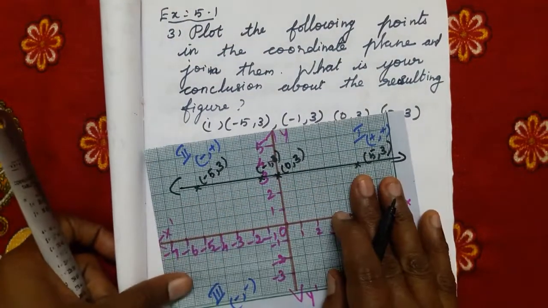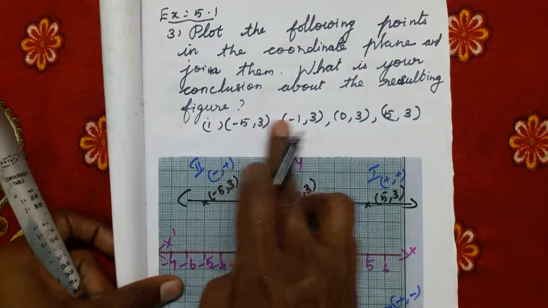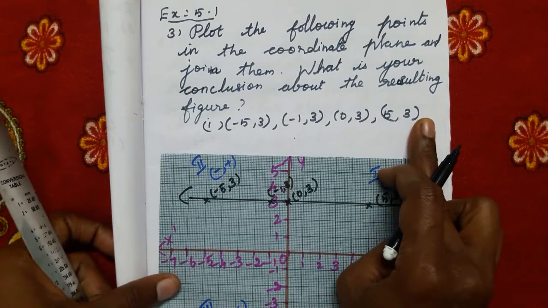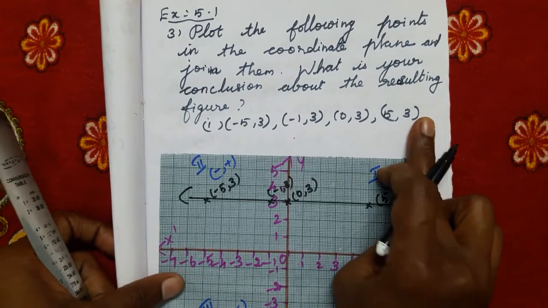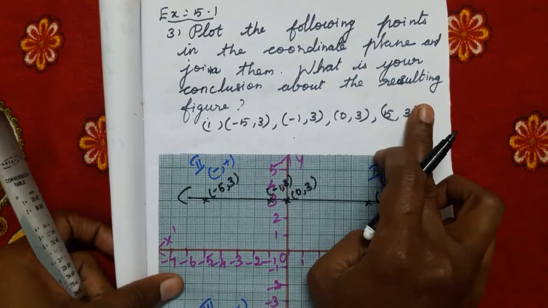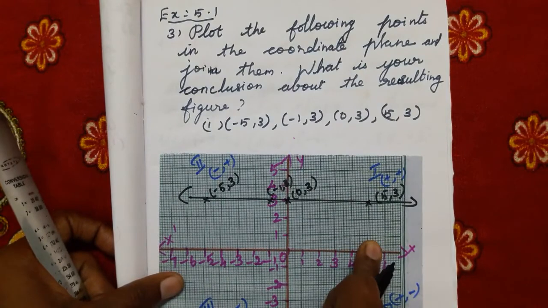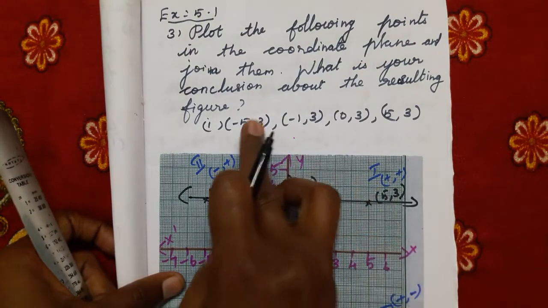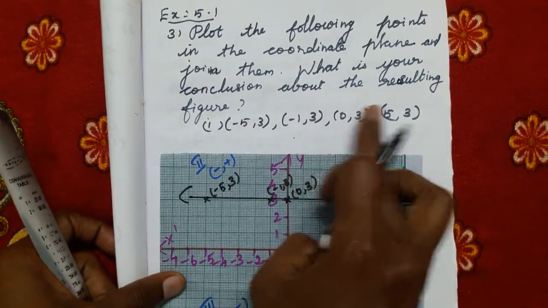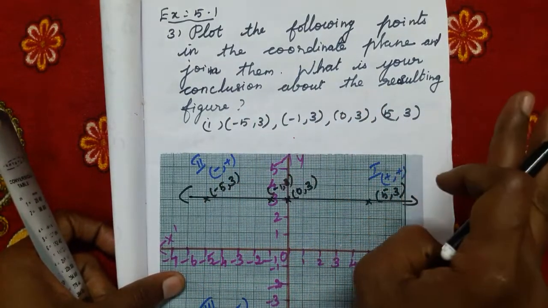The line is parallel to the x-axis. If the y coordinate of all the points is equal, the line is parallel to the x-axis. Here the y coordinate of all the points is the same.